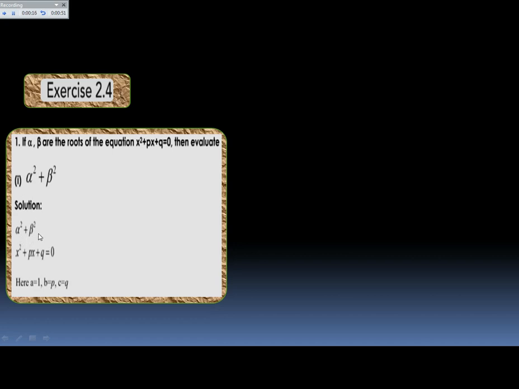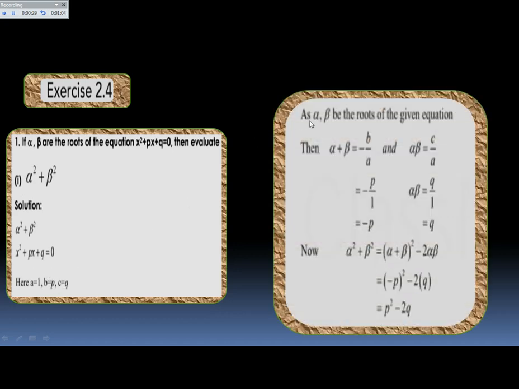Alpha square plus beta square, find the value. X square plus px plus q is equal to 0. Here a is equal to 1, b is equal to p and c is equal to q, comparing to the standard quadratic equation. As alpha, beta are the roots of the given equation, the sum of the roots alpha plus beta is equal to minus b upon a and the product alpha beta is equal to c upon a.